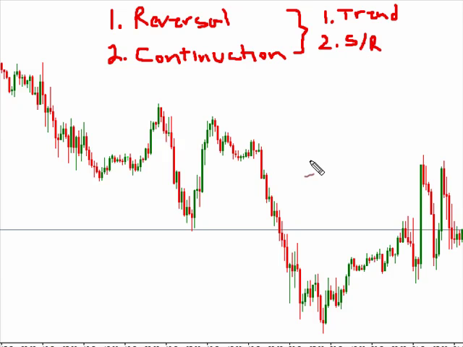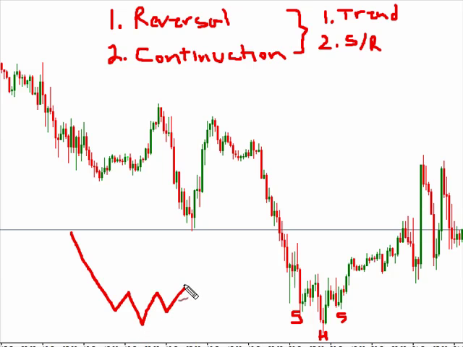So, for example, there is a reversal pattern called a head and shoulders. And this is an example of a head and shoulders. So we have a shoulder here, we have a head here, and we have a shoulder here. Basically, if we draw it out, something is trending down, forms a shoulder, then a head, then a shoulder.